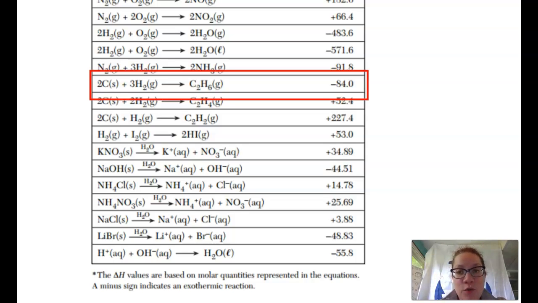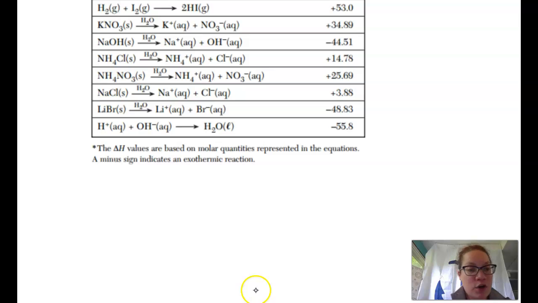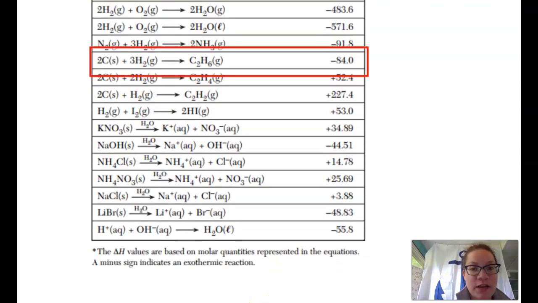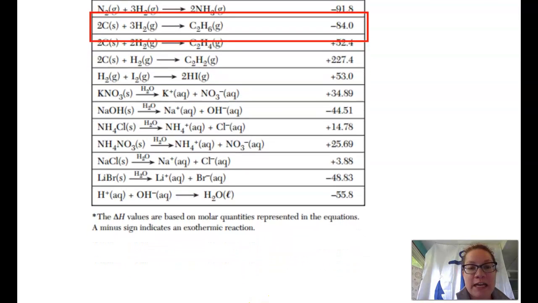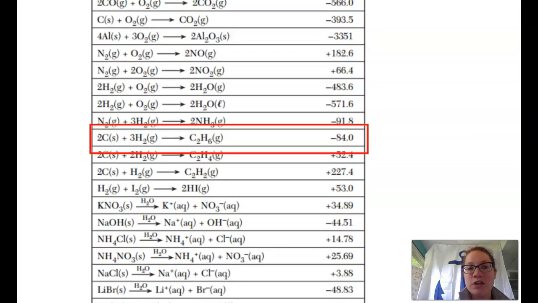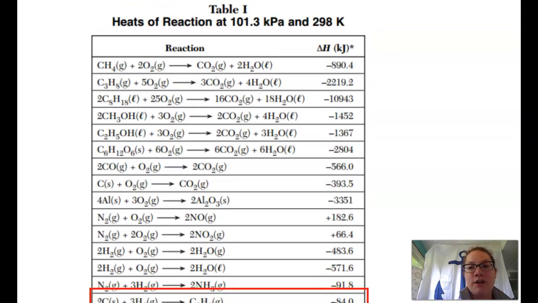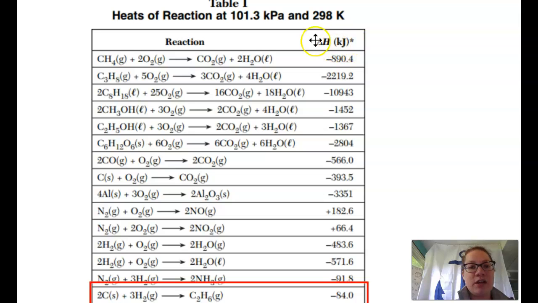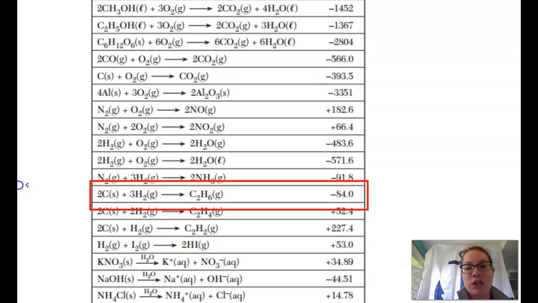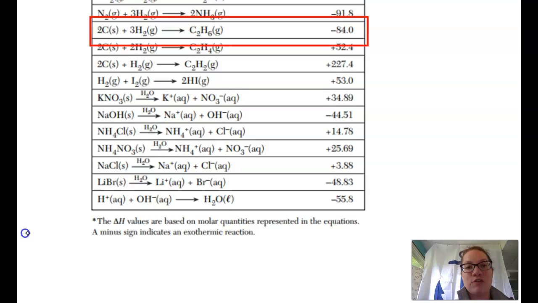All right, so is this reaction endothermic or exothermic? You got it, it's exothermic. Good. So I'm going to go ahead and rewrite this reaction, but I'm going to put that 84.0, and what is the unit? You're right, it's kilojoules. We see that right up here, so this is all in kilojoules. So I'm going to add that as another product.